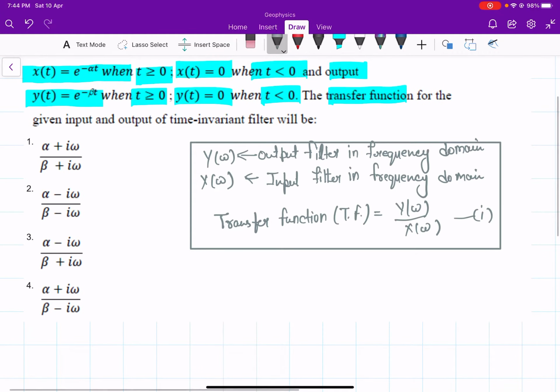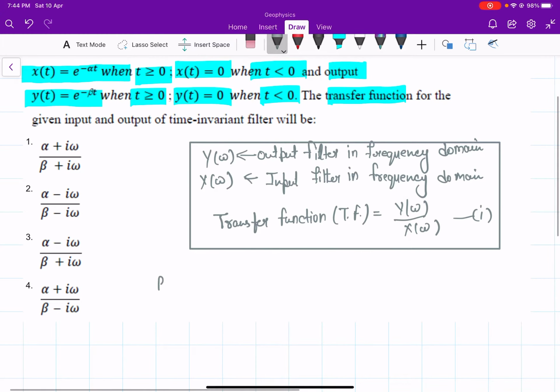By the Fourier transform, we will transform the input and output filter which is given in time domain into frequency domain.